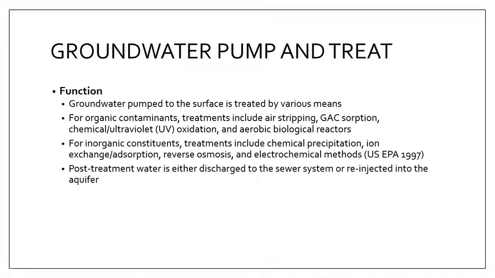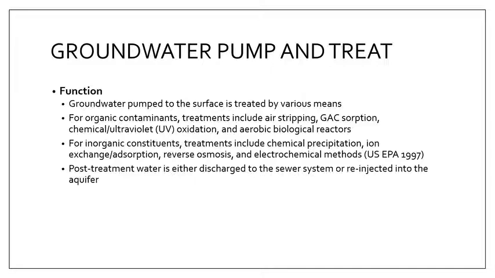All right. Now, note that there are various ways to treat a groundwater once you have pumped it to the surface. For example, for organic contaminants in your groundwater, you can use air stripping, granular activated carbon sorption, chemical or ultraviolet UV oxidation, and aerobic biological reactors.